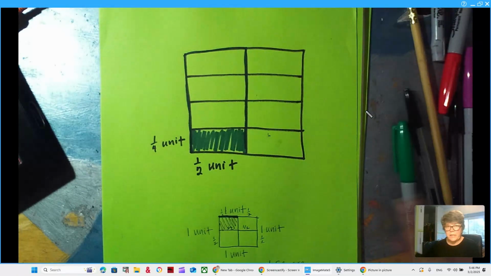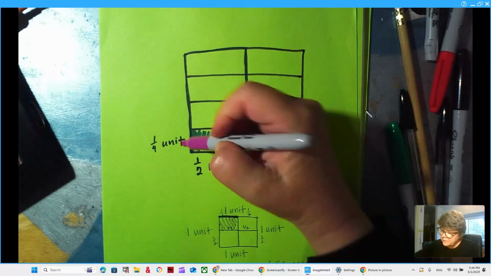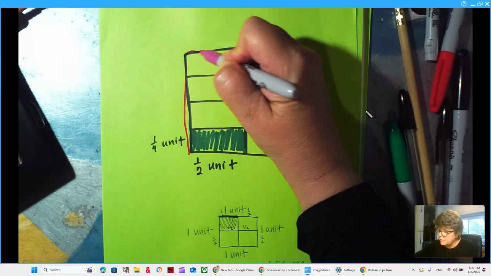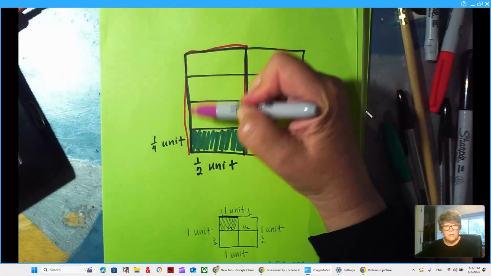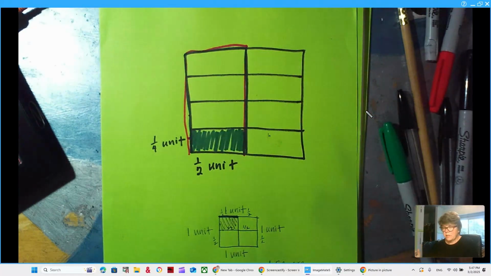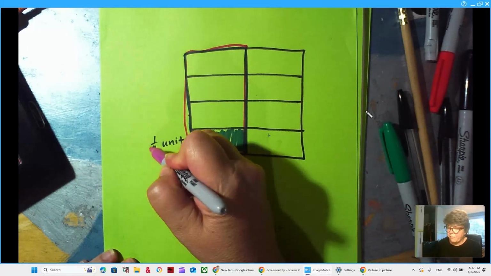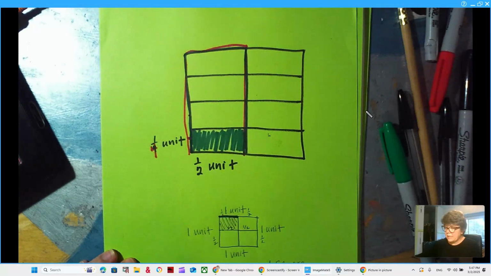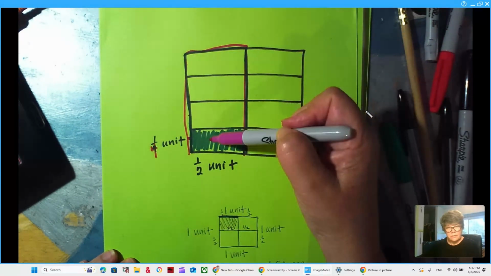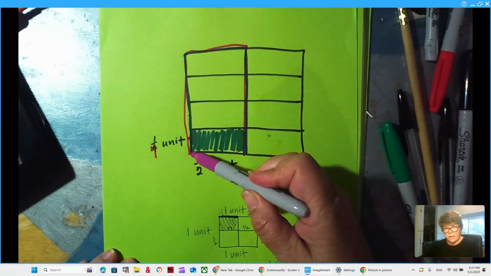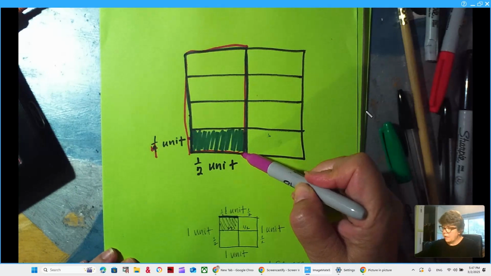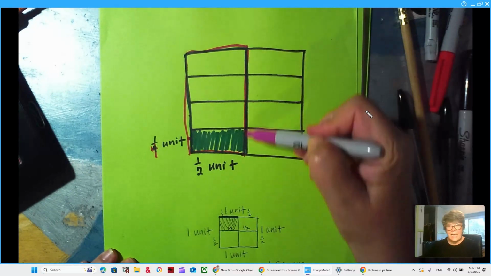Maybe I should use pink to make it a little bit easier to see, right? Just kind of highlighting it there for you. You can see 1, 2, 3, 4. So I made it so that this is 1/4 and I have 4. And if this is 1/2 going this way, then I'll draw a line here cutting it in half.